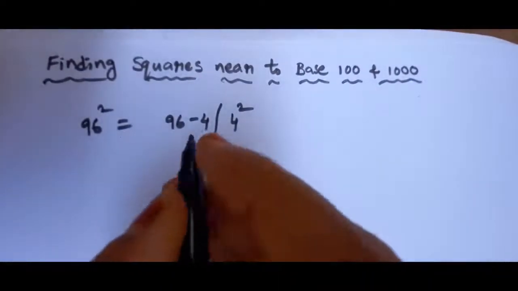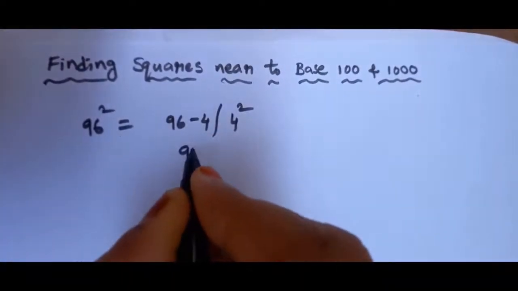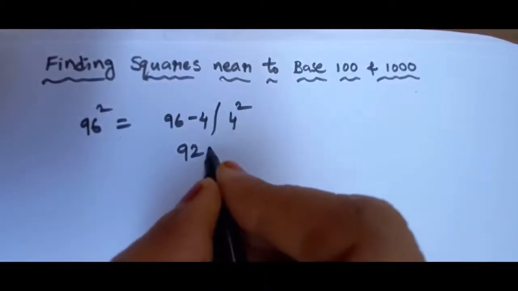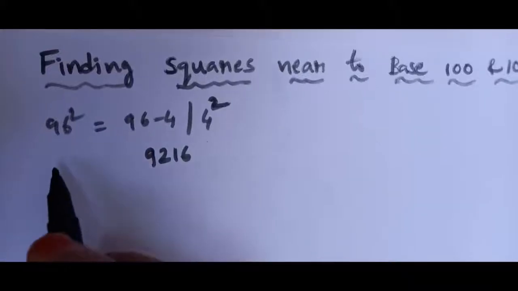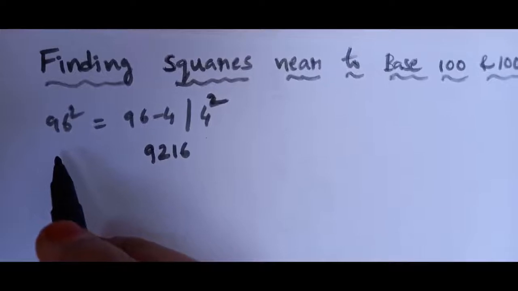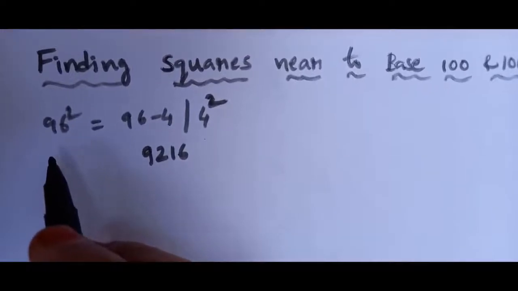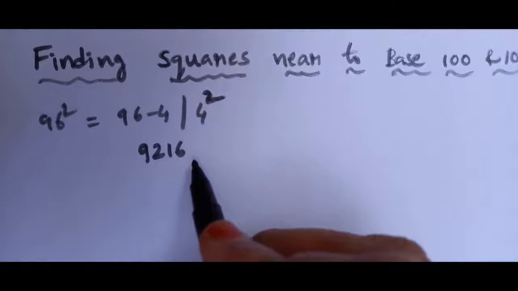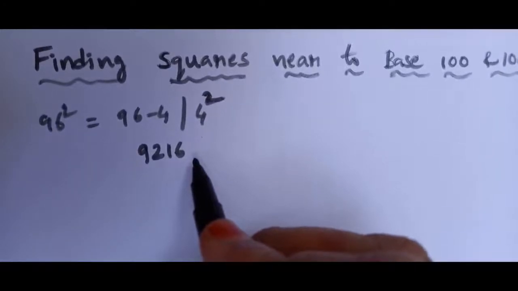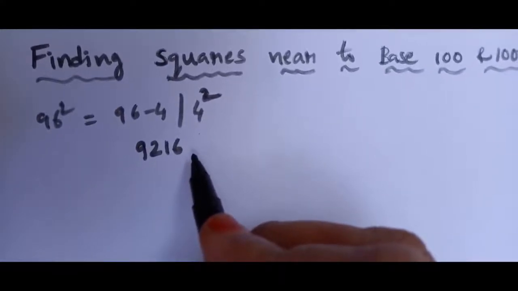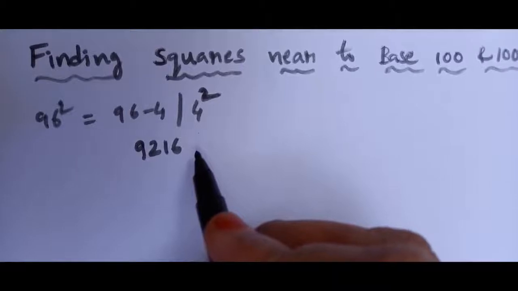So 96 minus 4 is equal to 92. 4 square is 16. Here, this is base 100. In 100, two zeros are there, no? So we need to take the answer in 2 digits. If it is base 1000, in 1000 there are 3 zeros, so we need to take the answer in 3 digits.